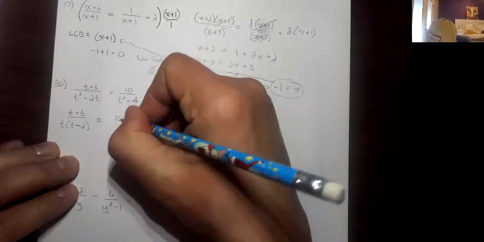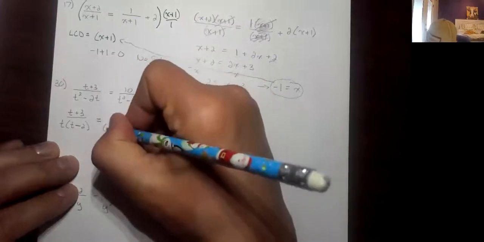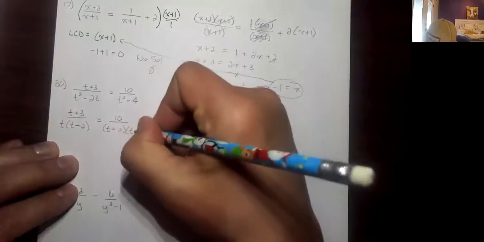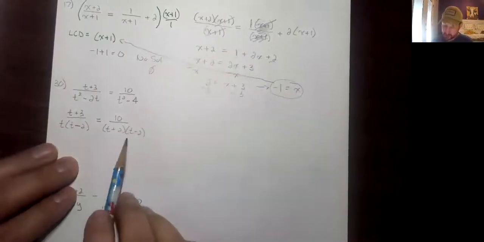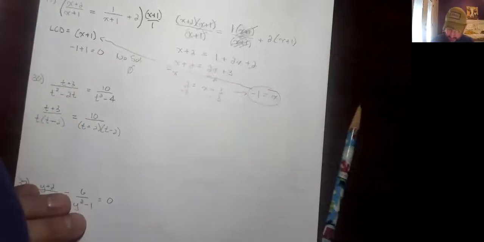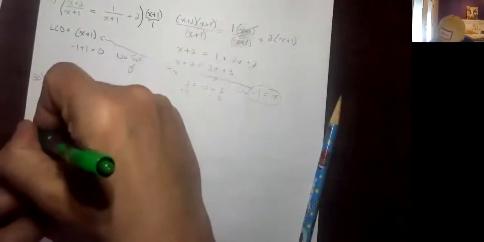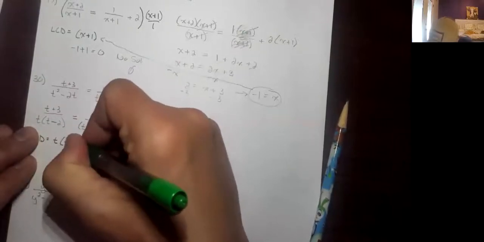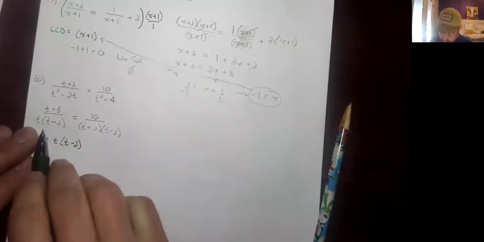And then that's set equal to 10 over, and then I'm going to factor this difference of perfect squares out to t plus 2, t minus 2. So that means my LCD is this piece for sure, t times t minus 2.